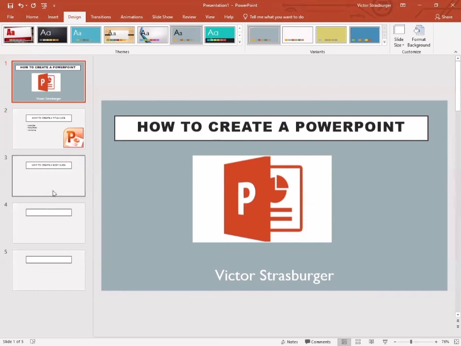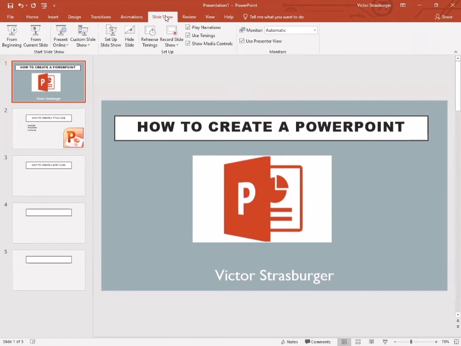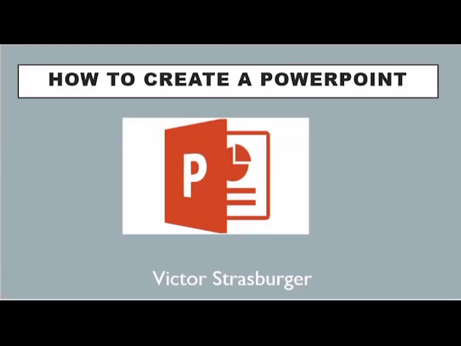So the way to present this PowerPoint is by going into your slideshow option here at the top, and we hit from beginning. From beginning will present us with the title slide. So this is where you start your presentation.